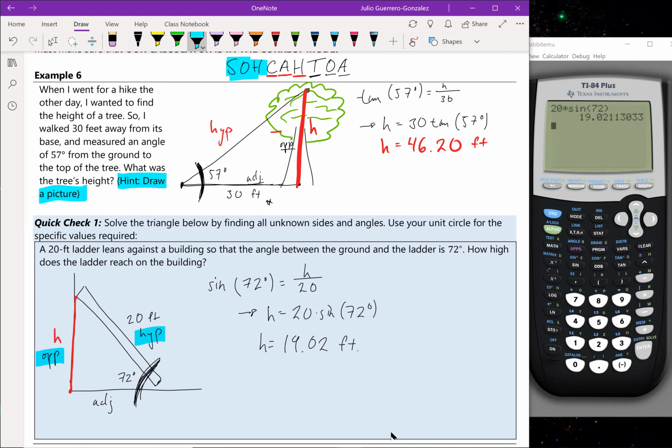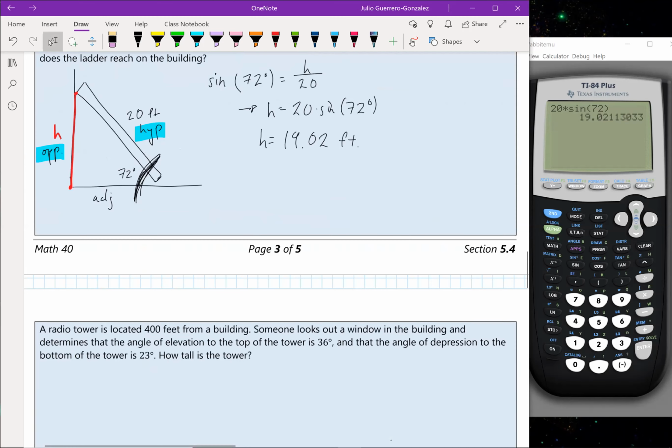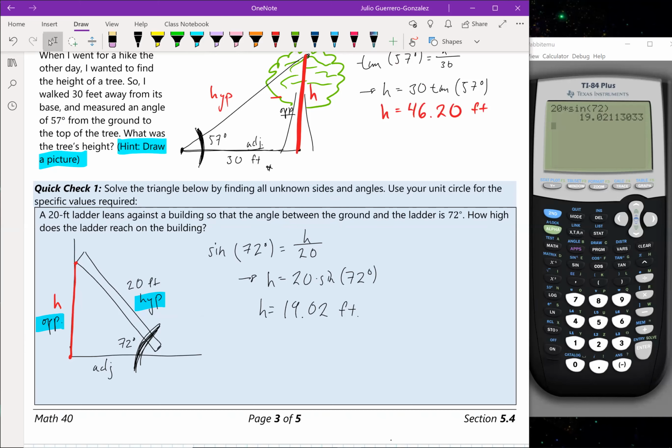Does that make sense, Hunter? Yeah, so the SOH part for the second problem shows you that you have to use... First, what second problem? The radio tower one? The 20-foot ladder one. Oh, the 20-foot ladder one? Yeah.